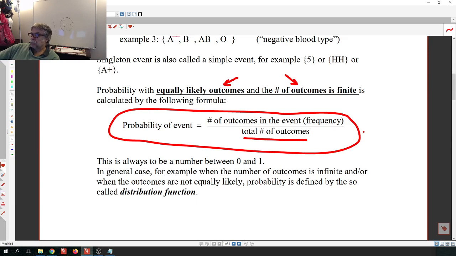In the general case, when you're dealing with something like this and we want a good description of what the probability is, we would use something called a distribution function. And the distribution function would determine what the probability is. That is a notion that is separate from the topics we're going to be talking about, so I'll just mention it. It's always possible to assign numbers to all of the events that come out of any sample space.